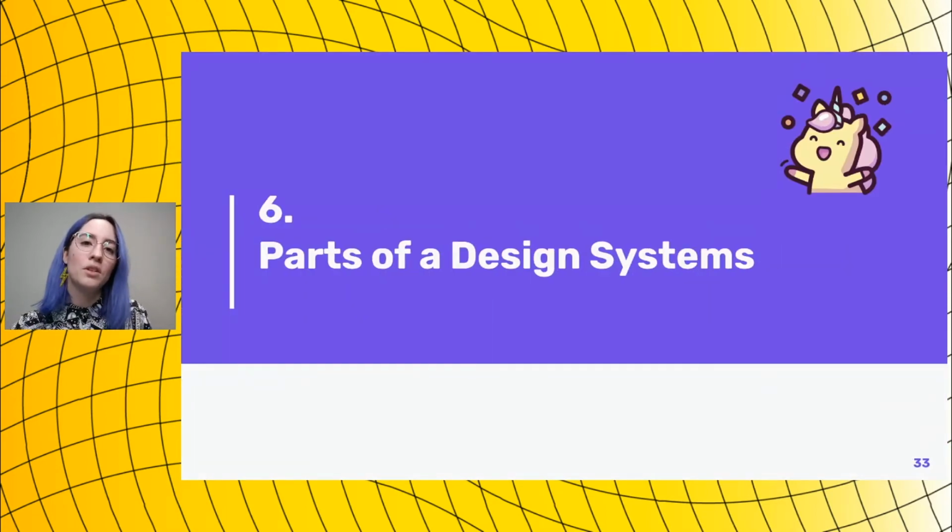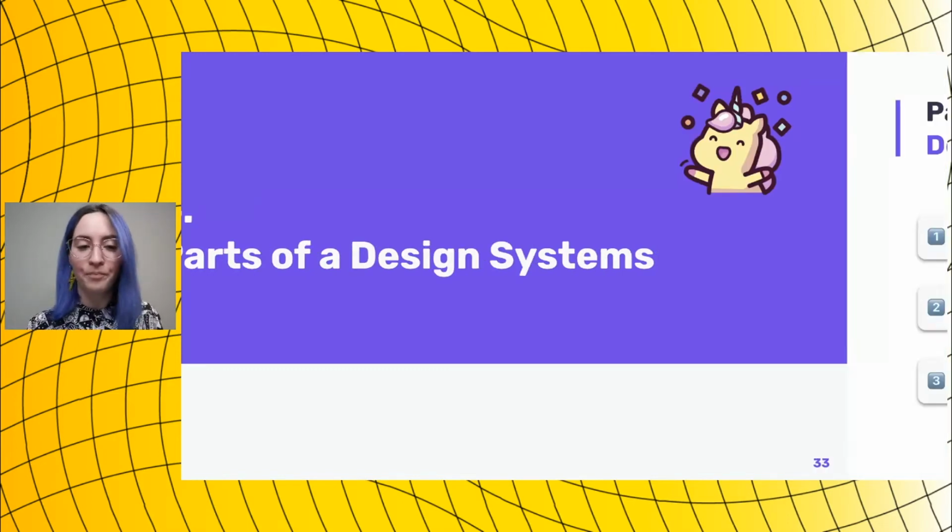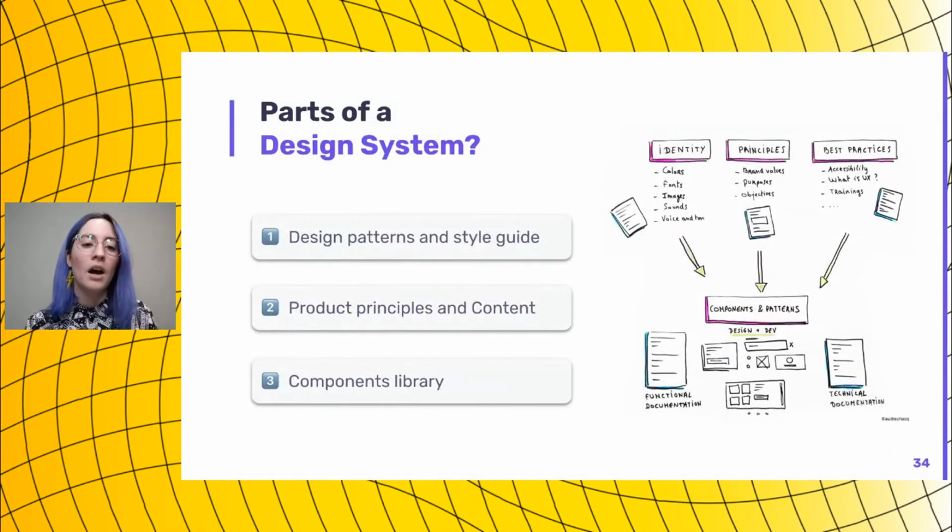Now, I'm going to talk about the parts of a design system. As we have defined in the previous section, one of the important parts of a design system is the style guide and design patterns. There is a tool called frontendlove that helps us to build this part. I've also included it in the references.